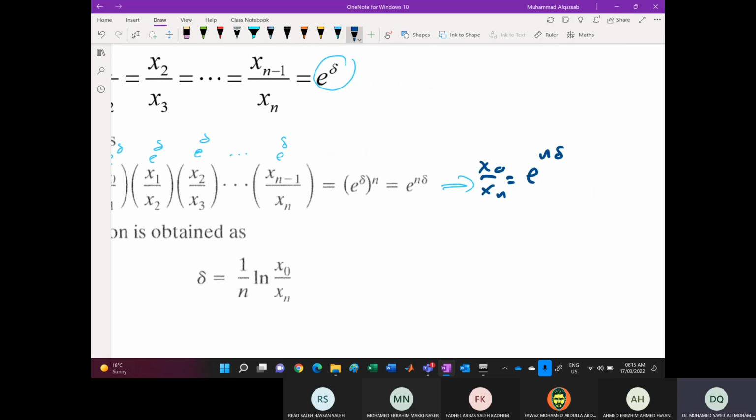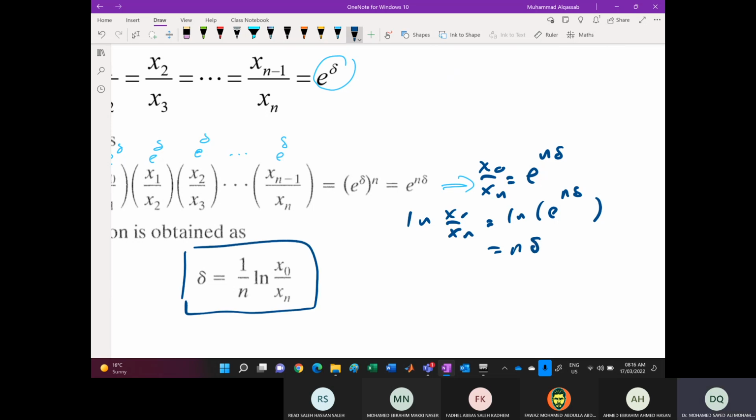Then you take ln both sides: ln of x0 over xn equals ln of e to power n delta. Using the properties of the logarithm, this will be n delta multiplied by ln of e, and ln of e is 1, so this will be n delta. You put delta on one side, and the equation becomes delta equal to 1 over n ln x0 over xn.